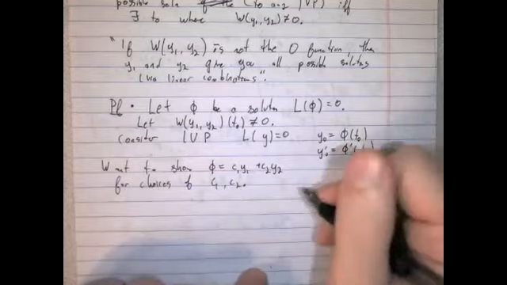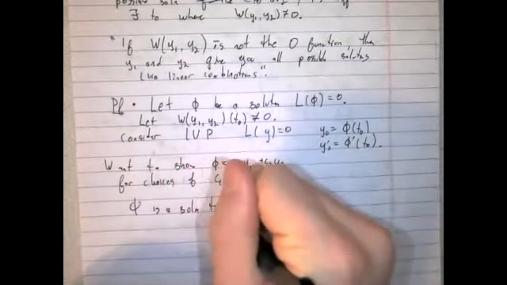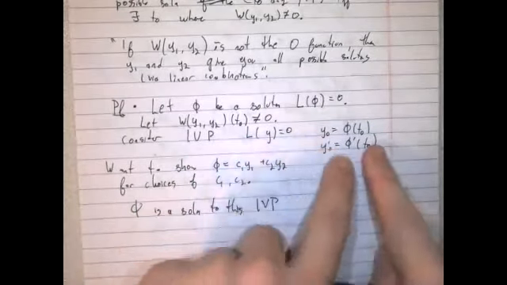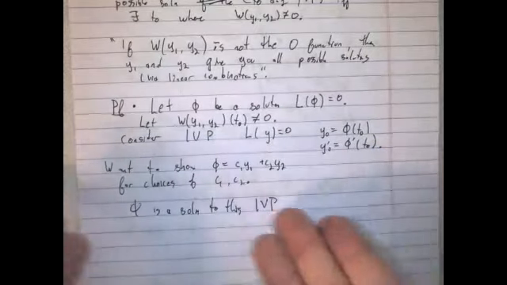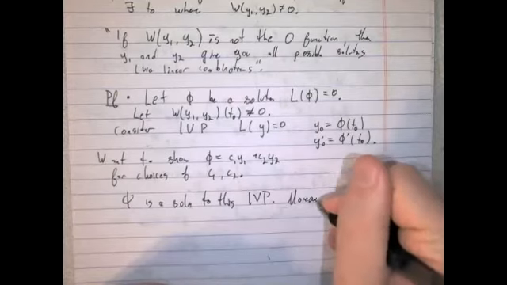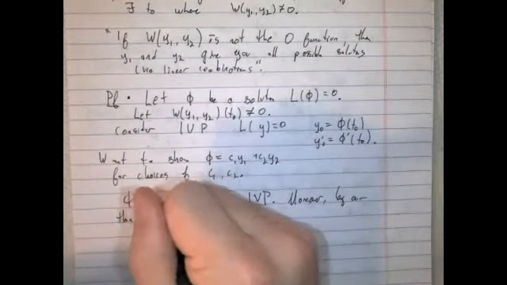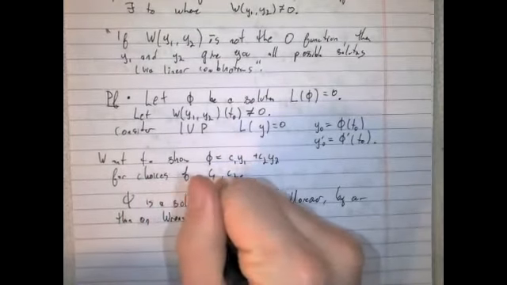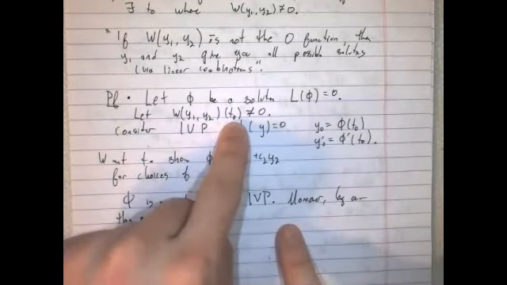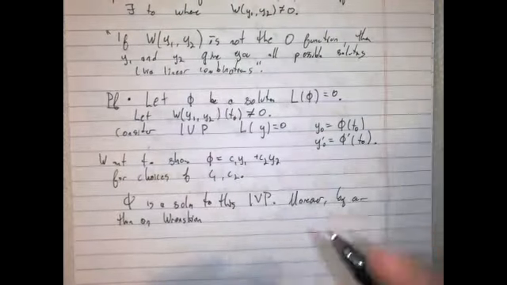So essentially, phi is a solution to this IVP because we defined this IVP around phi. So of course, phi is a solution to this IVP. Moreover, by our theorem on the Wronskian, namely that if the Wronskian is not 0 at t0, then we can find solutions in terms of c1 and c2.